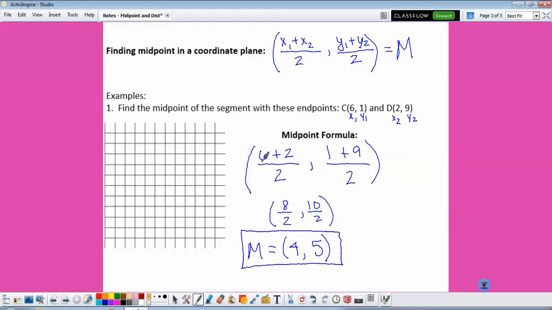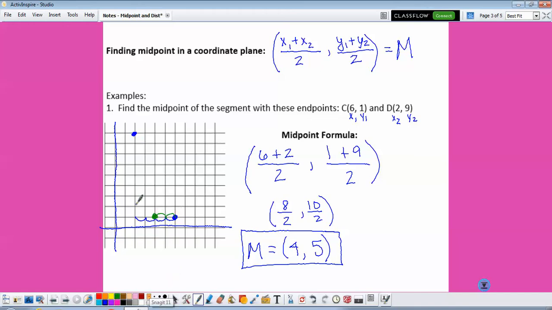We could also do it graphically. I'm going to put my axes over here so that I have enough space for everything. So 6, 1 is here, and 2, 9 is here, and we want to find midway. So to go over, we go 1, 2, 3, 4. So halfway would be 2.